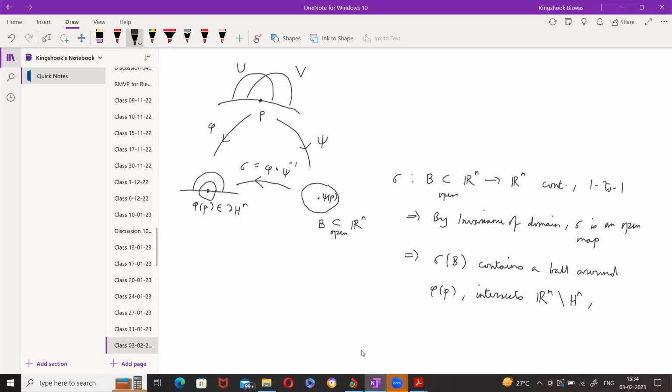That's a contradiction, since the image of phi is contained inside the closed upper half space. Is this clear?